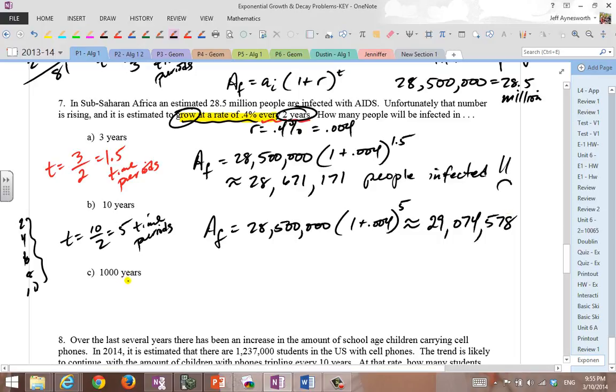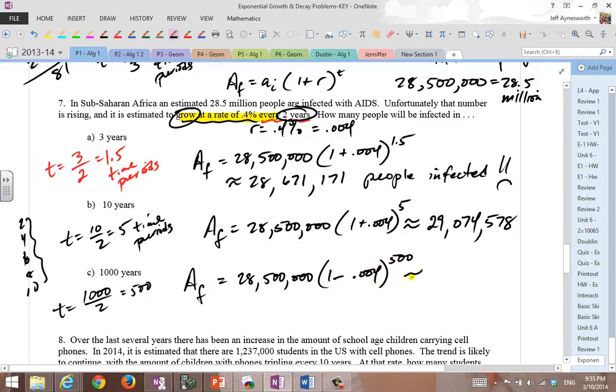And after 1,000 years, what's going to happen in Africa? Well, God forbid. So 1,000 divided by 2 is 500, so 500 time periods. So how many people? Well, let's figure it out. 28,500,000 times 1 plus 0.004 raised to the 500 power.